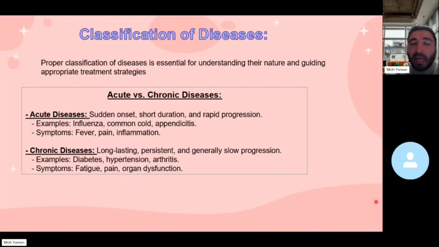Subchronic can be from 2 weeks to 40 days. Chronic disease can be a month or months, years, whatever. Here there are some examples, and symptoms can also explain and make a specific identification of the duration of the disease.